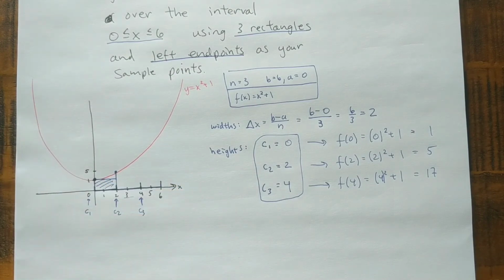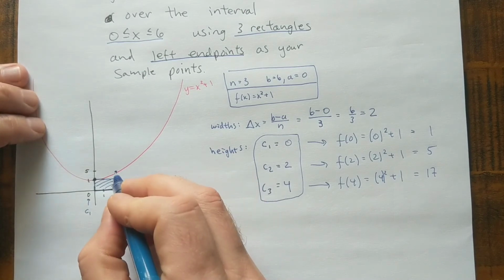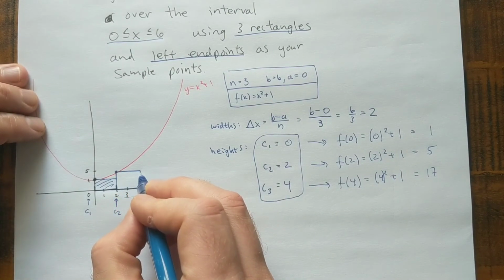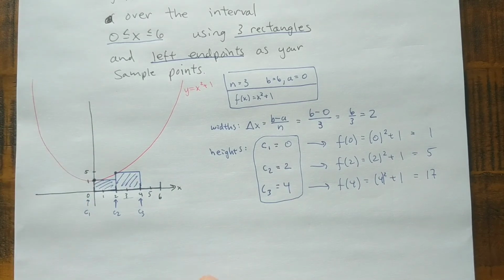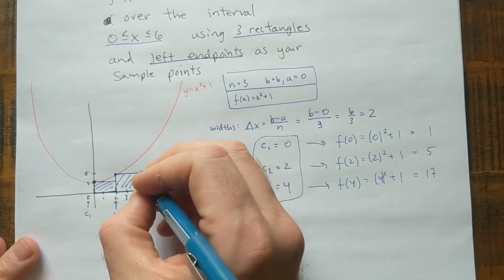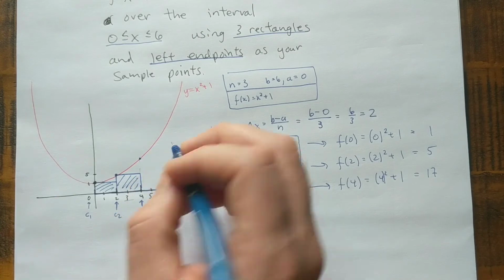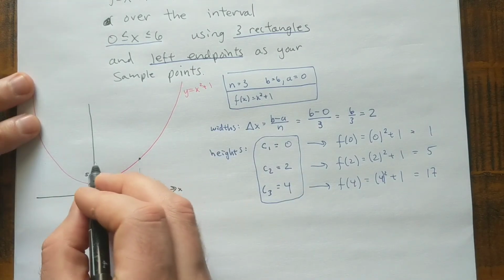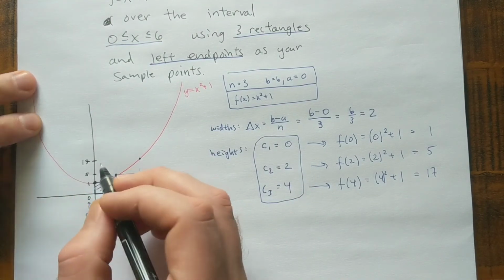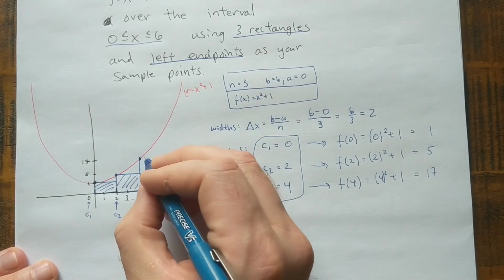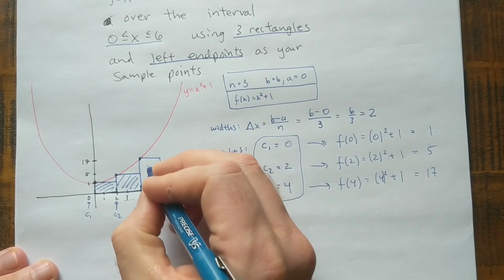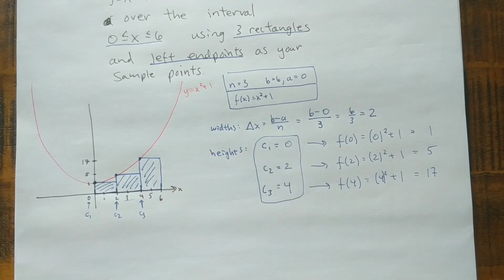It's crammed down just because this function increases so quickly. We need to sort of adjust the scale. So pretend that's 5. And then when I plug in 4, I should get 17. So this really should be jumping up to 17. And so that's the height of my third rectangle.